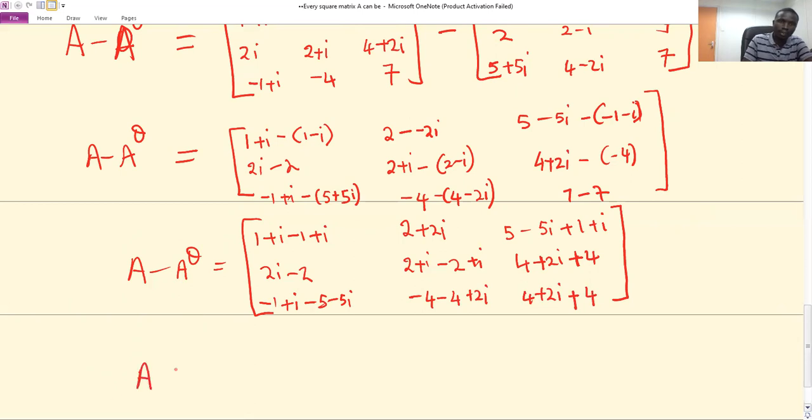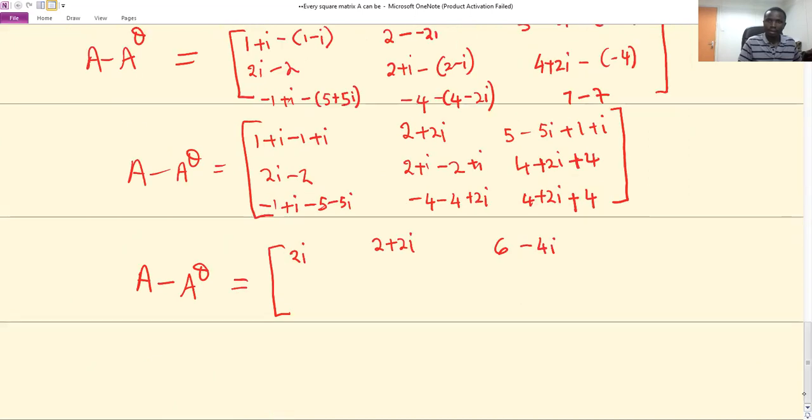So A minus A power theta is 1 minus 1 is 0, I plus I is 2I. This will be 2 plus 2I. 5 plus 1 is 6 minus 5I. This would be minus 4I. And then this is minus 2 plus 2I.